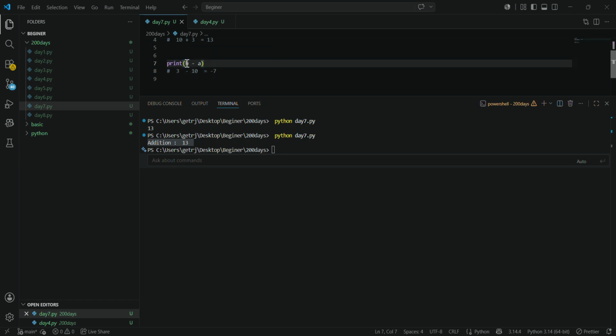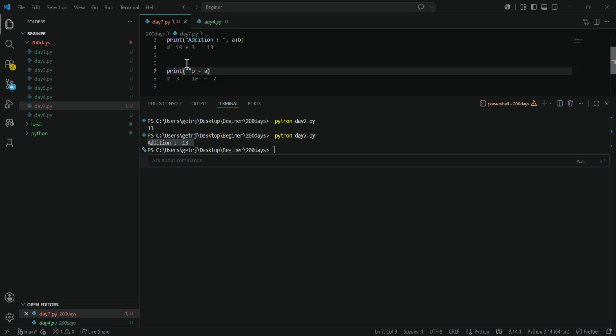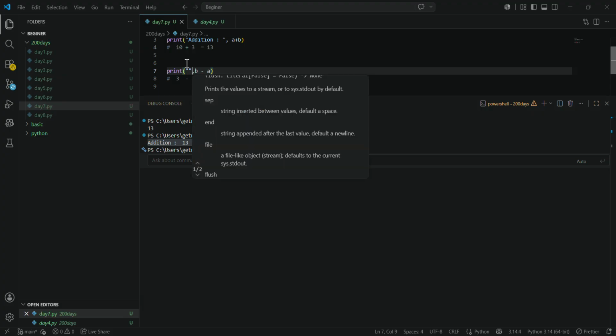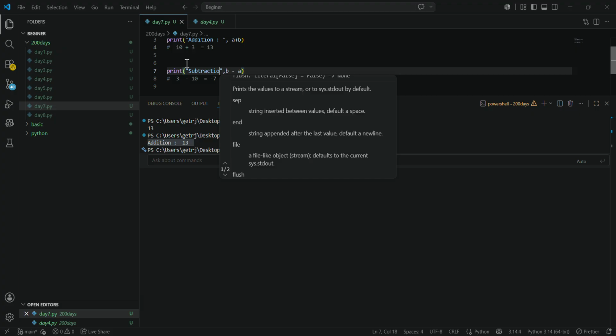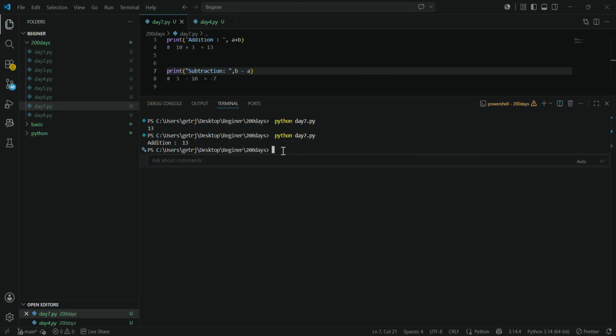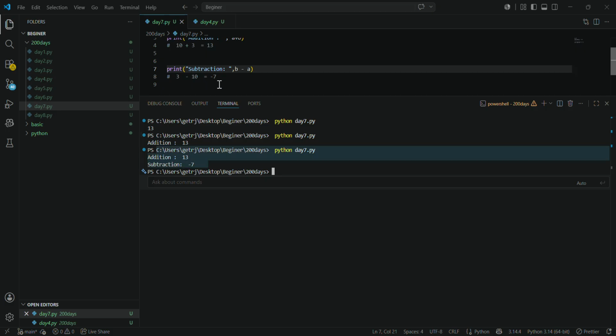So now we are adding subtraction here. Is this correct or not? Yes, this is minus 7.